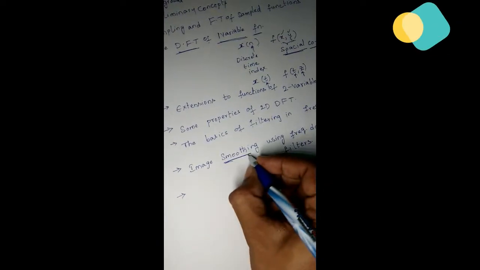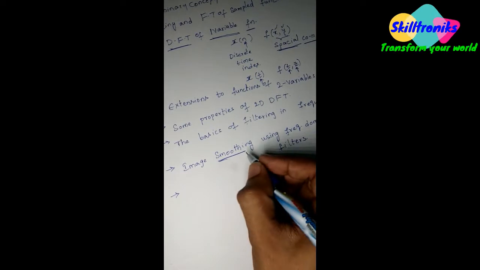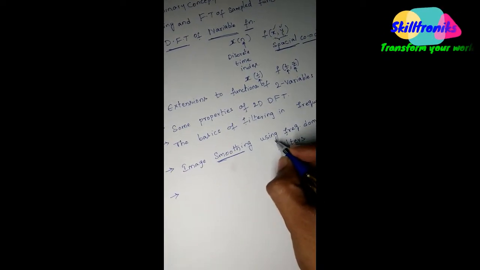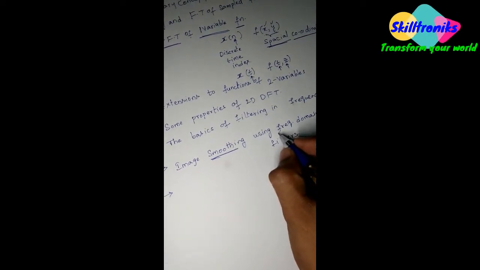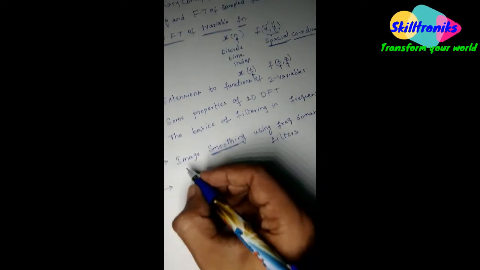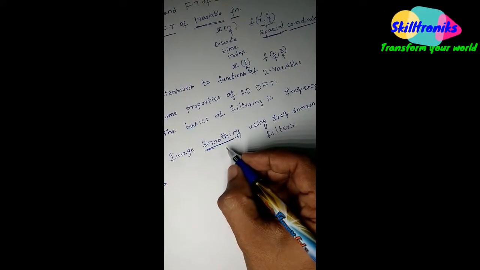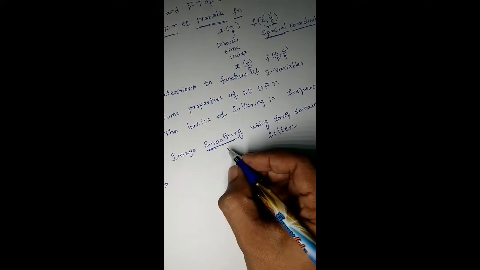Smoothing in the sense of low pass filtering of images. By low pass filtering an image, we will get a smoothened image. So we are going to discuss how to perform smoothing of images by using frequency domain filters.